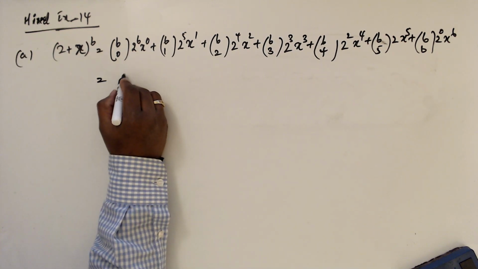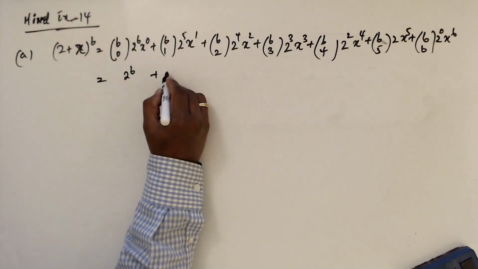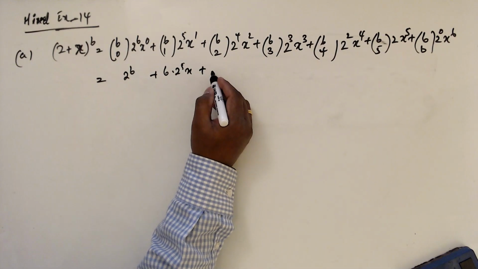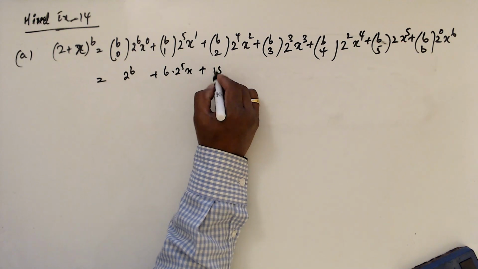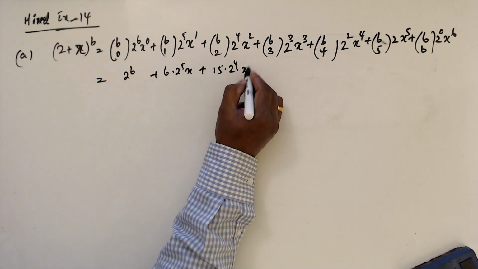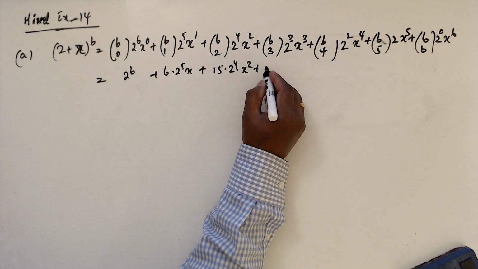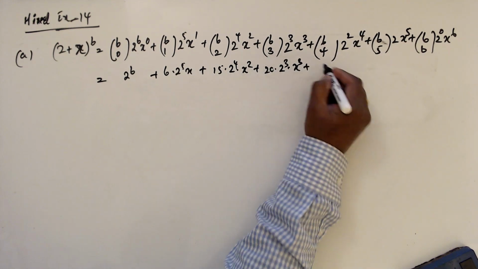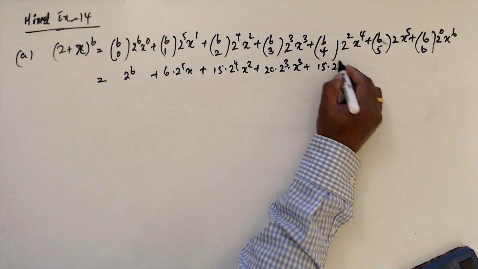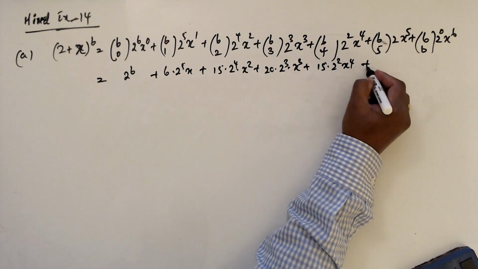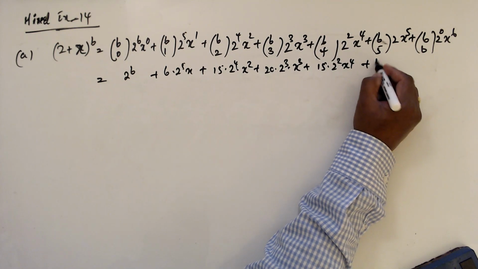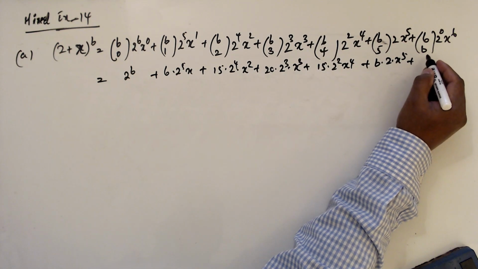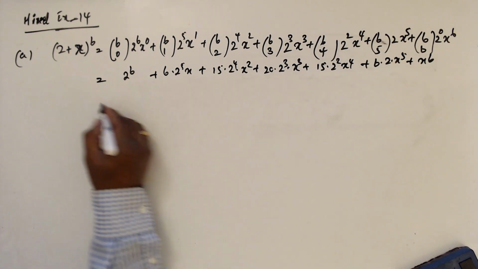So this is going to be 2^6 plus 6 times 2^5 x plus 15 times 2^4 x squared plus 20 times 2^3 x cubed plus 15 times 2^2 x^4 plus 6 times 2 x^5 plus x^6.